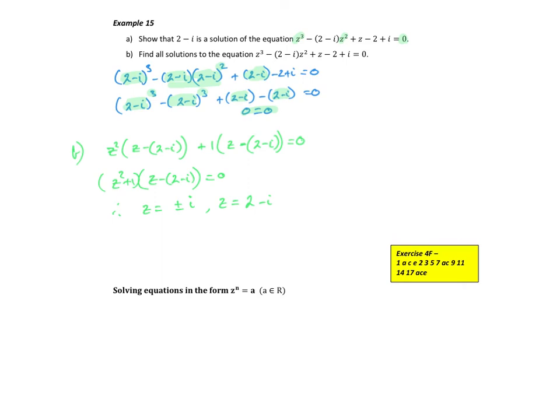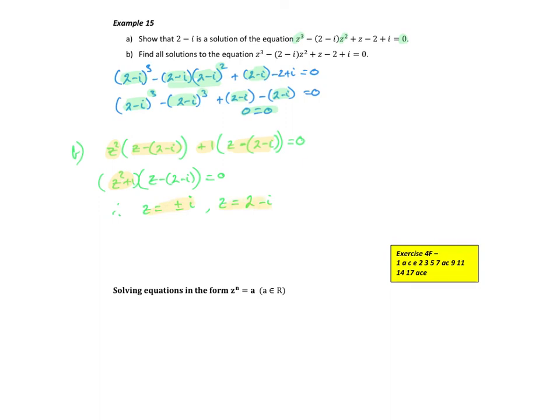So in actual fact, what we needed to see is that if we took z squared out as a common factor of the first term, I get z minus 2 minus i. And then if I take a 1 out the front of the next term, I also get a z minus 2 minus i. So for that one, it's very straightforward as long as you see the grouping that can take place. So z squared plus 1 out the front is going to give me plus or minus i as a solution.